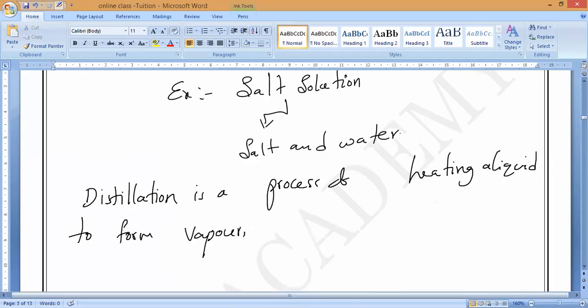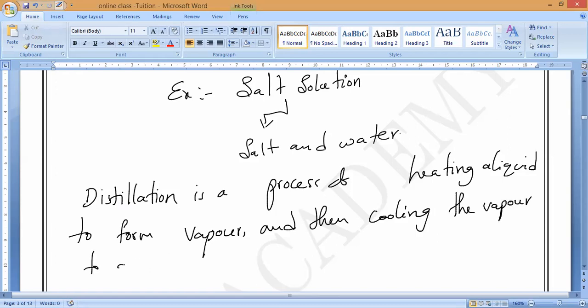And again, what will we do, Rahel Mukil? Then cooling the vapor to get back the liquid.